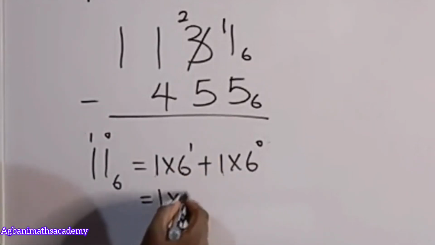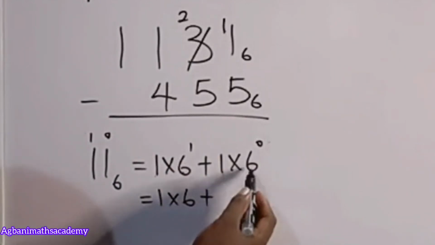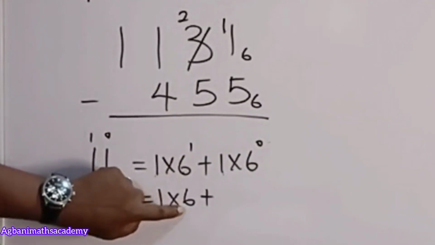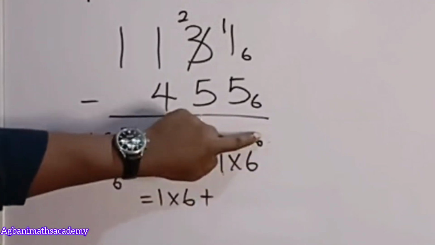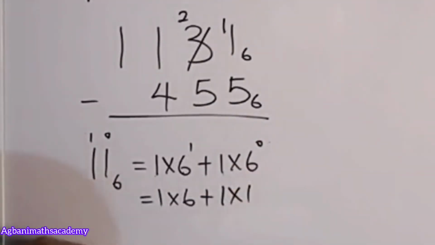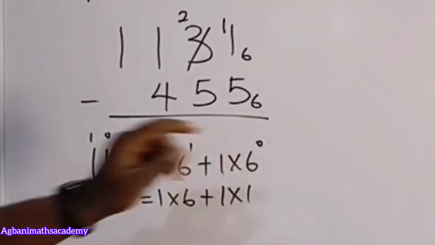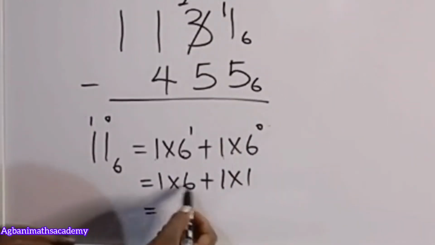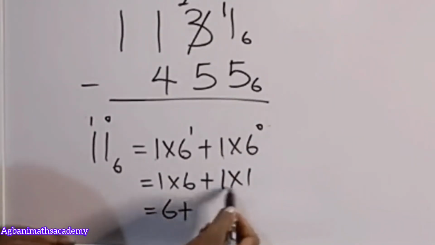6 to the power of 1 is 6, but 6 to the power of 0 is 1, because any number to the power of 0 is equal to 1. So 1 times 6 is 6, plus 1 times 1 is 1.